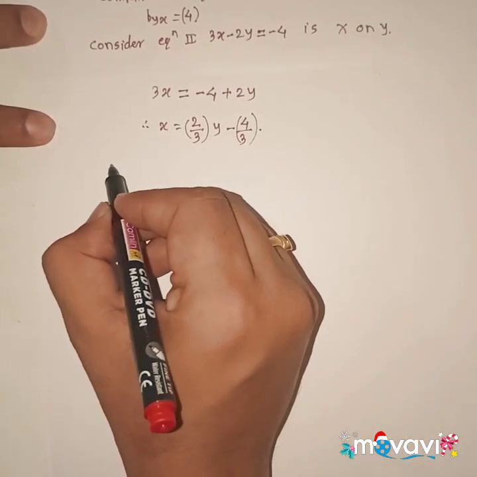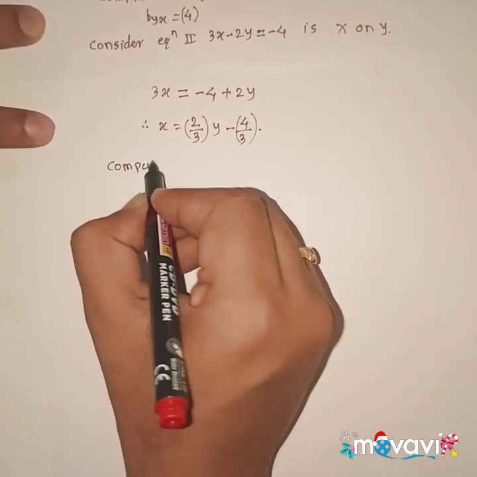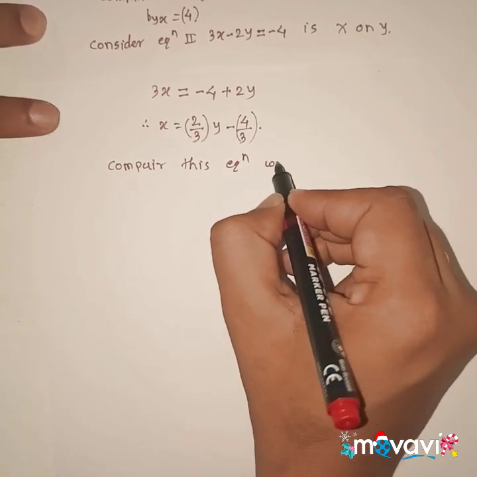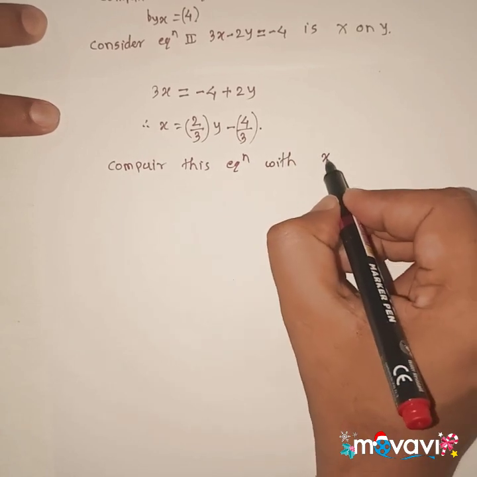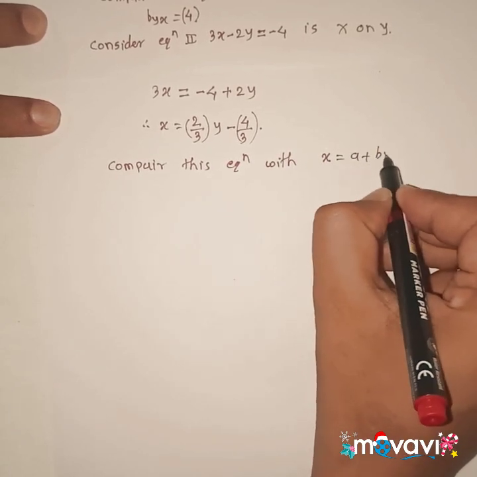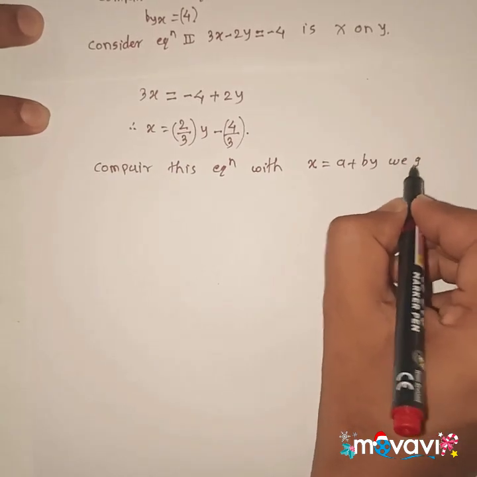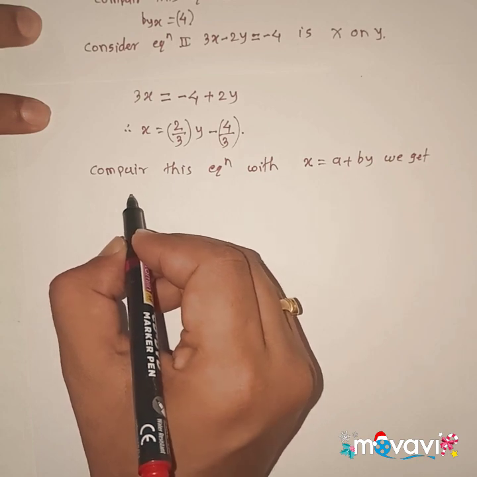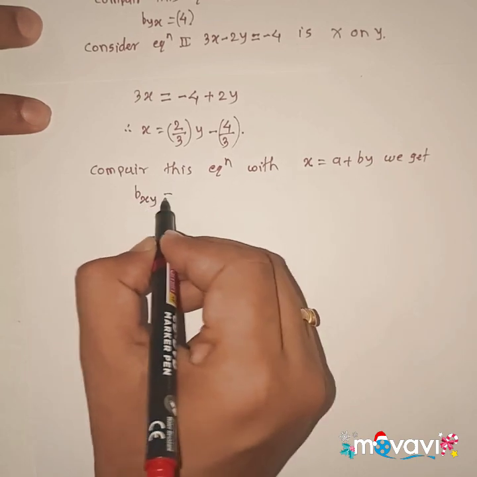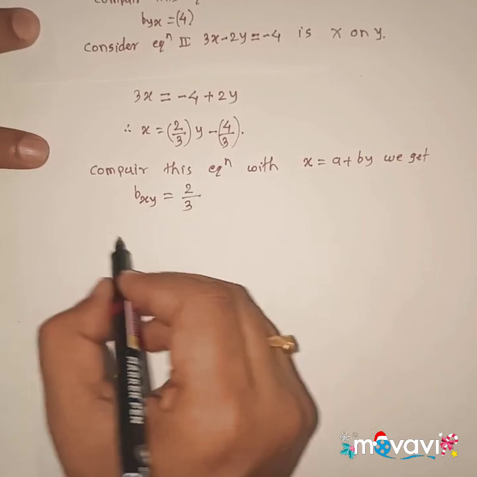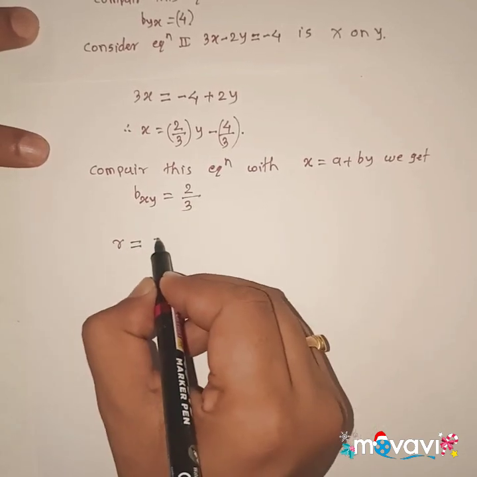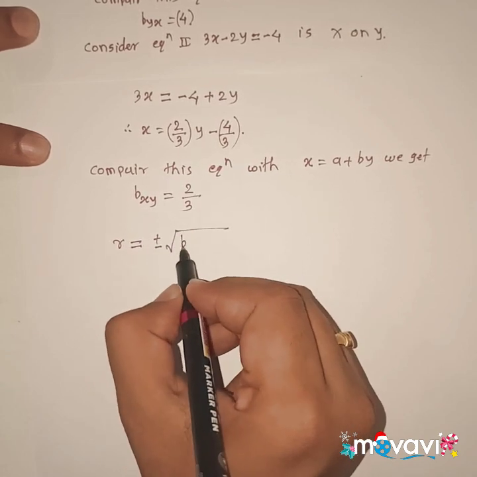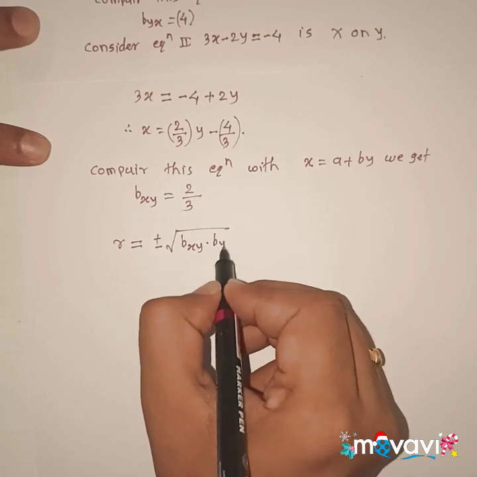So if we compare this equation with x equal to a plus by, we get our regression coefficient Bxy is 2 upon 3, and we know the formula to find the correlation coefficient is r is equal to plus or minus square root of Bxy into Byx.